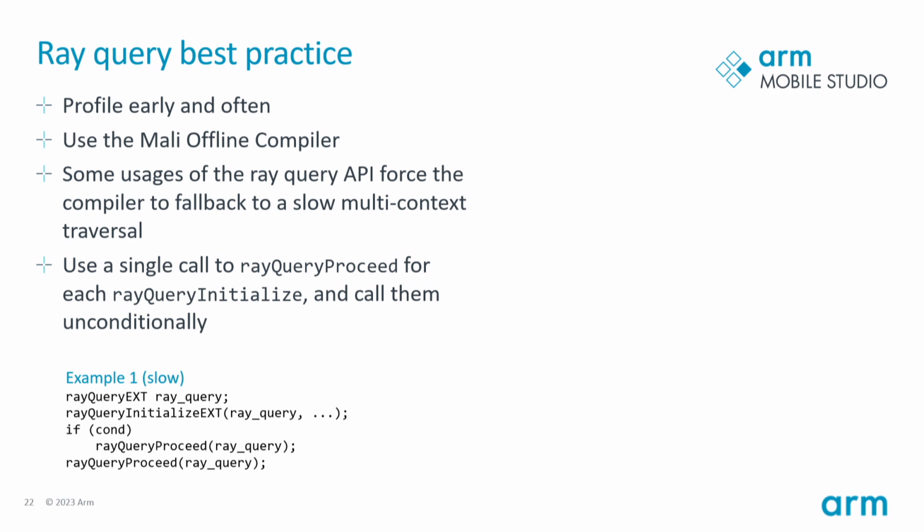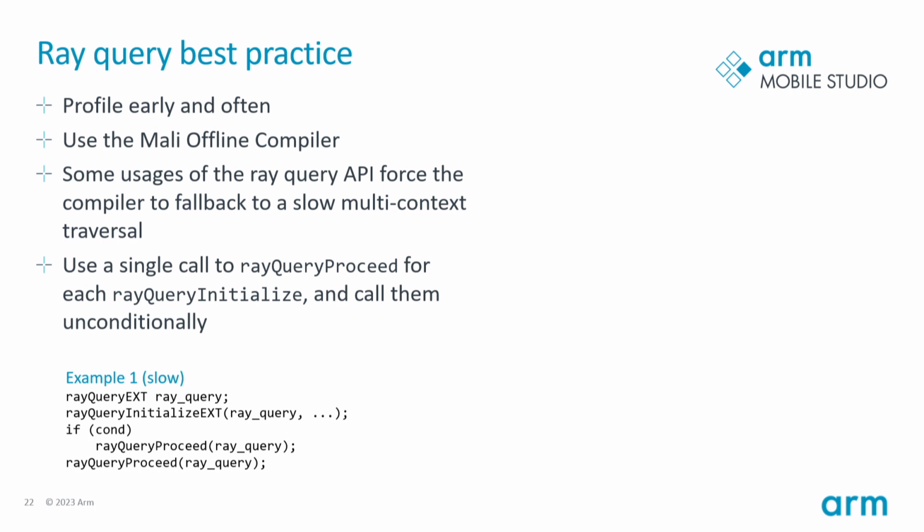However, if you ensure you are using a single call of ray query proceed for each call of ray query initialize, and you call them unconditionally, your code is more likely to perform well.